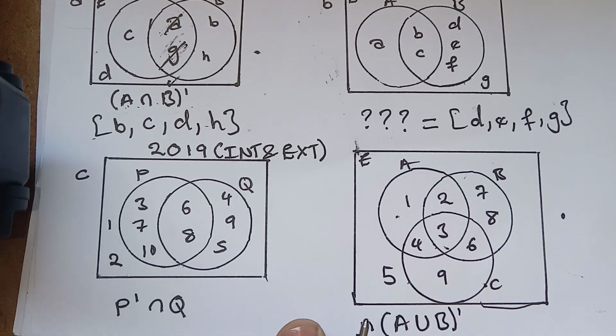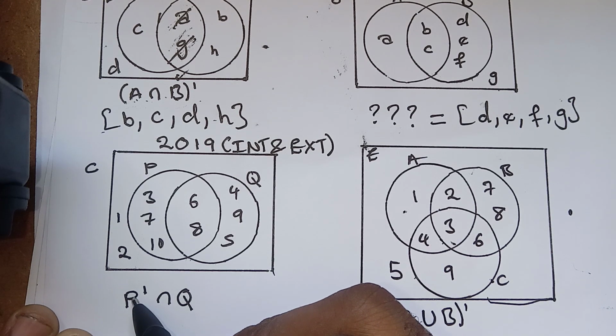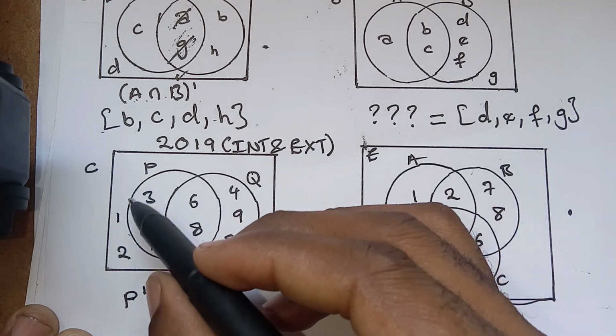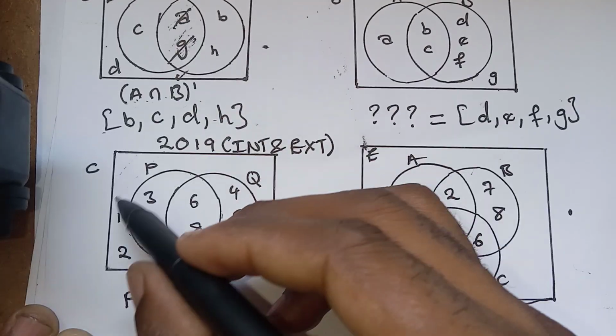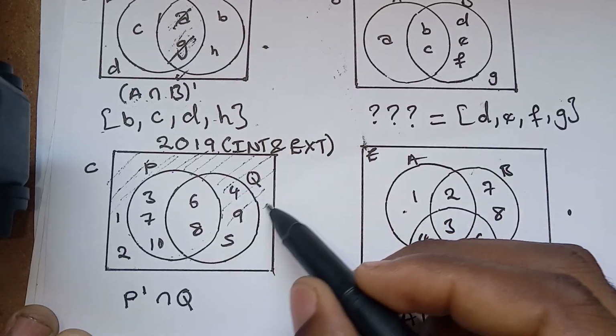So now we want the elements of P complement intersection Q. To list down this set, you have to check the elements of P complement. So this is the set P, and when we say P complement, we mean all the elements outside P. Let me just shade P complement.